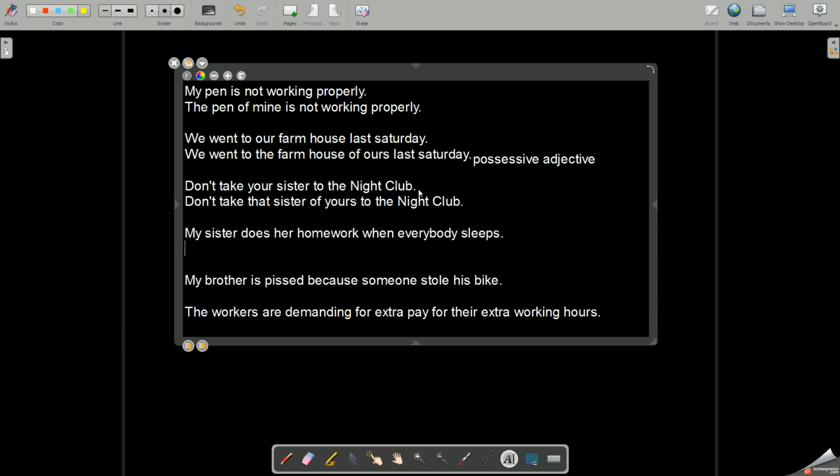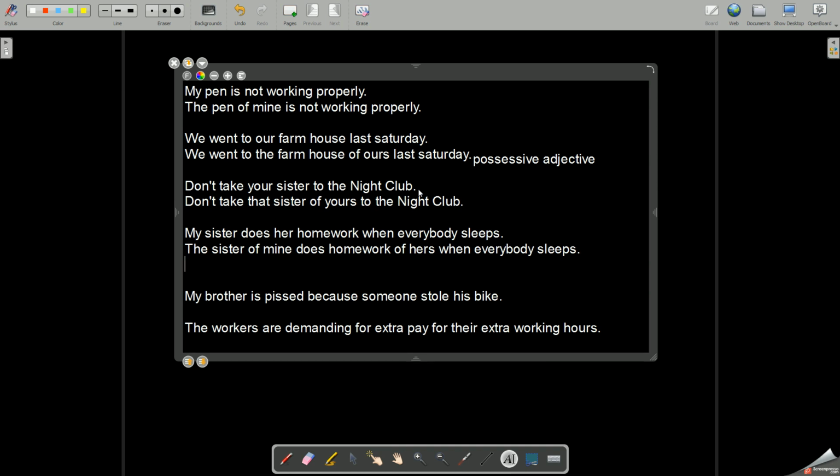Then the sister of mine does homework of hers when everybody sleeps, but it doesn't look nice.